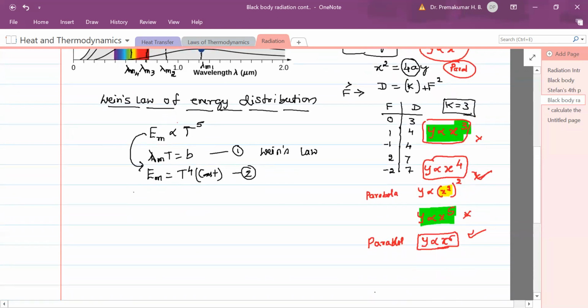If you join these two equations, from equation 1 and 2, what you may get?